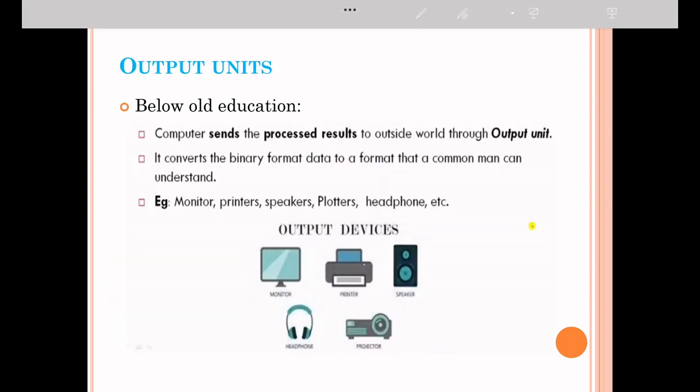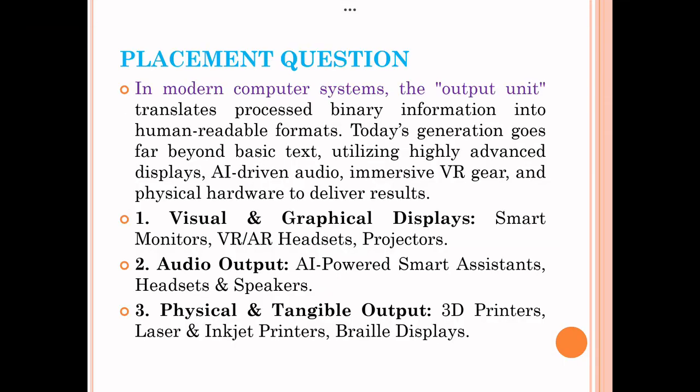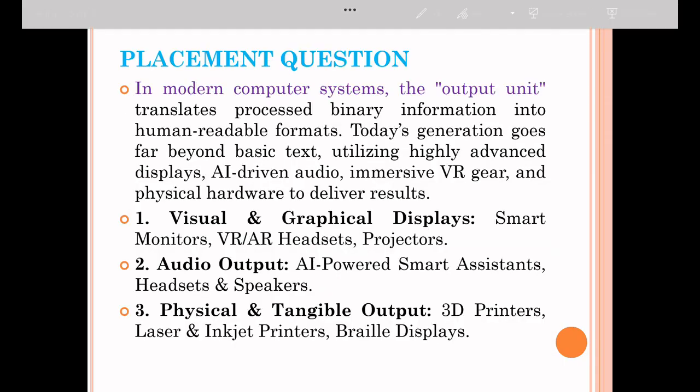Now similarly there are output units also. In output units we will discuss the monitor, printer, speaker, plotters, headphones like this. But according to the new fifth generation, Alexa, headsets or audio are input as well as output.